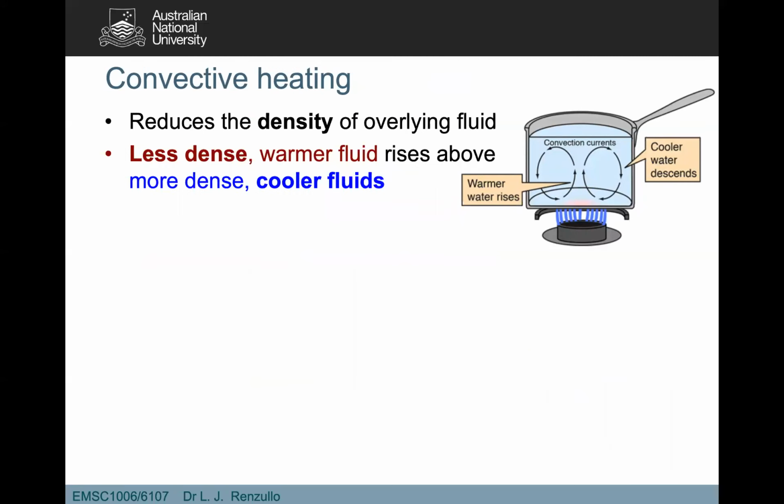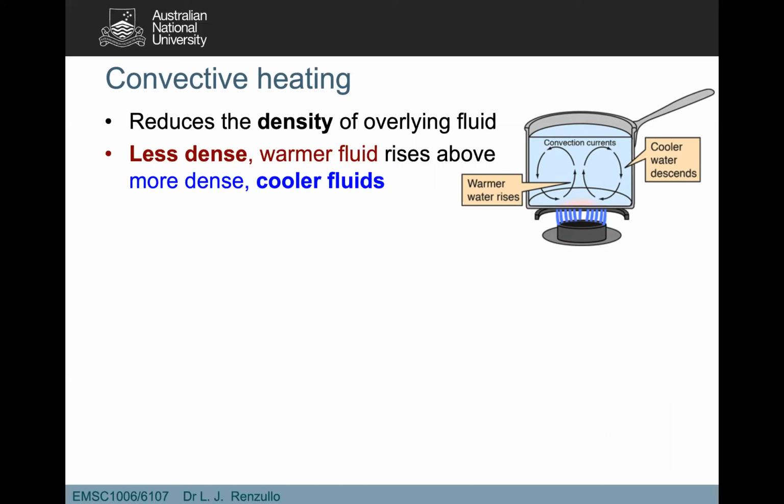So just stepping right back, you should hopefully know by now, convective heating is when we have energy input to a gas or fluid. That energy leads to a decrease in the density of the overlying fluid. So if we consider this pot of water, for example, the heat from the gas burner heats up the fluid.